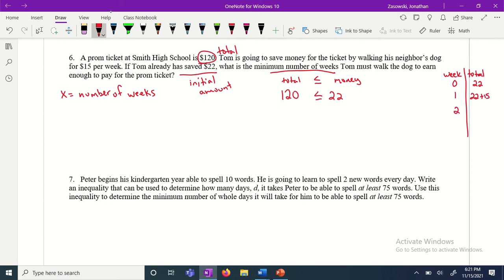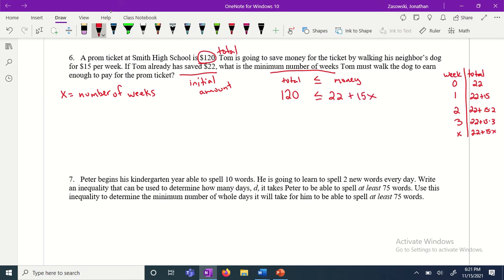And at 2 weeks, I added 22 plus, well, there's two 15s, right? 15 times 2. And at 3 weeks, it's 22 plus 15 times 3, right? 45. So do you get the idea here? After x weeks, it should be 22 plus 15 times x to our total. So now I know it's going to be 22 plus 15x.